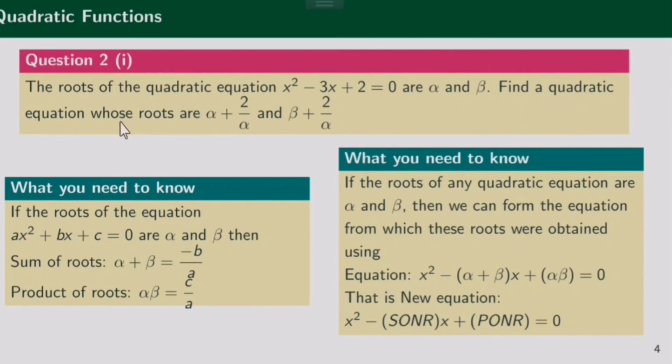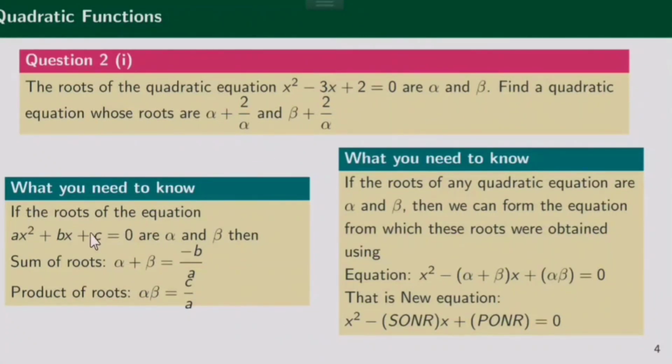Find a quadratic equation whose roots are alpha plus 2 over alpha and beta plus 2 over alpha. I think here it should be alpha plus 2 over beta. It's just a typing error, but I think it will be fixed in the next slide as we'll be solving.